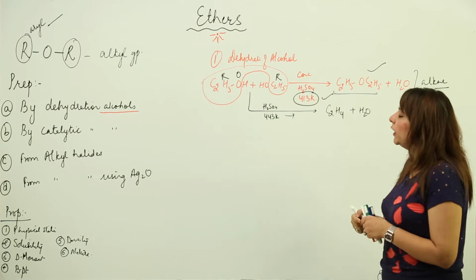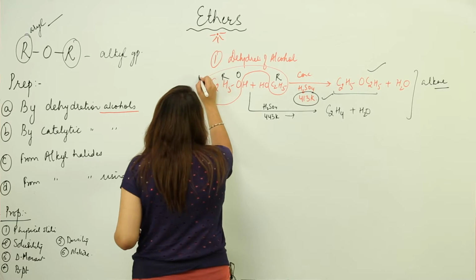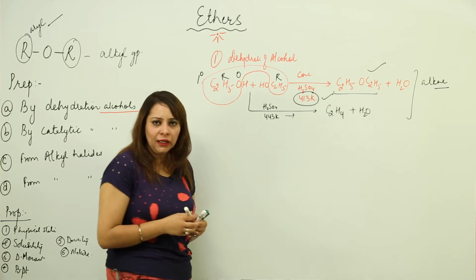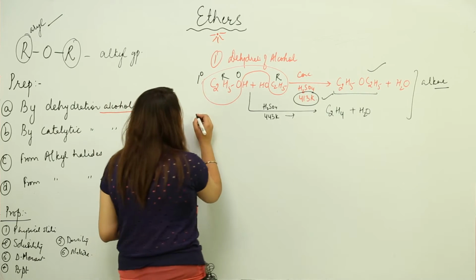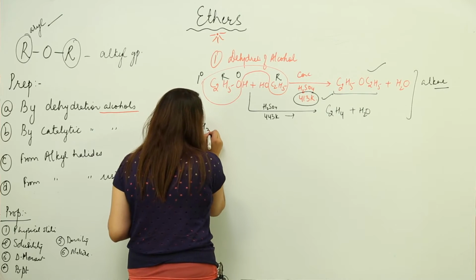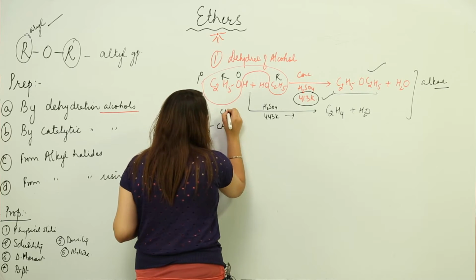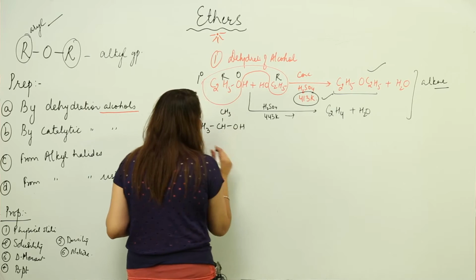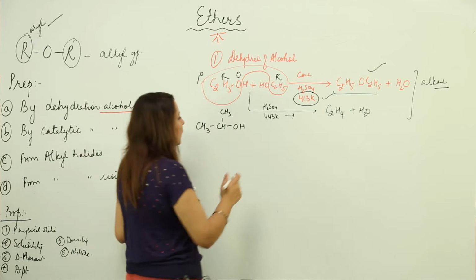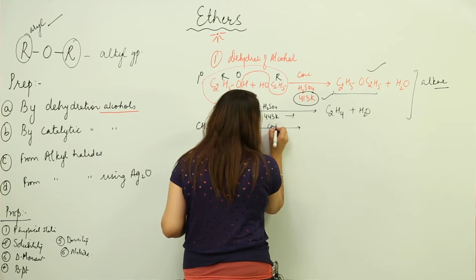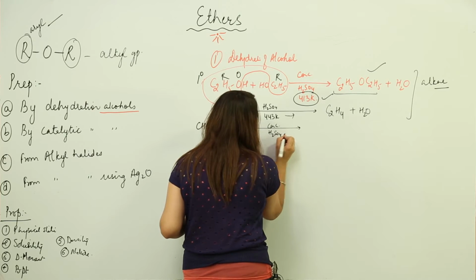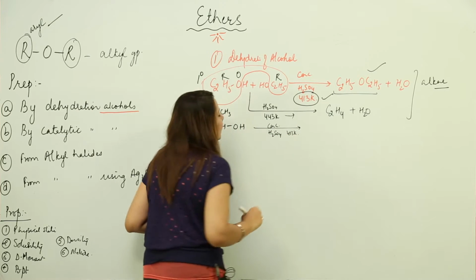In this method I have taken the primary alcohol. But if I take the secondary alcohol, let us take it first, then I will explain what the harm is in taking this secondary alcohol. Suppose I have this secondary alcohol. I am going to dehydrate it in the same way, with concentrated sulfuric acid at a temperature of 413 Kelvin.